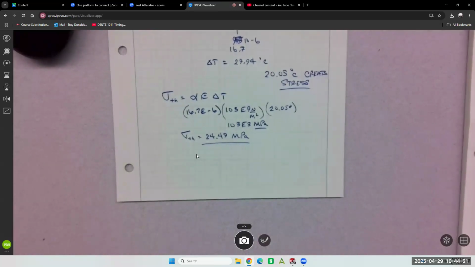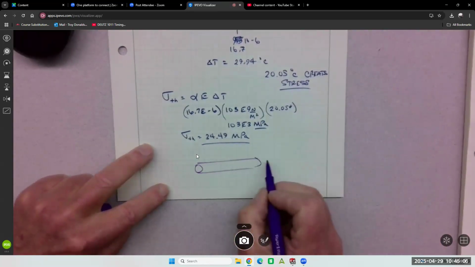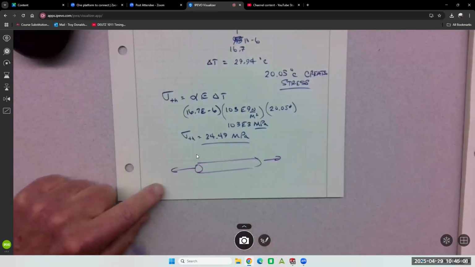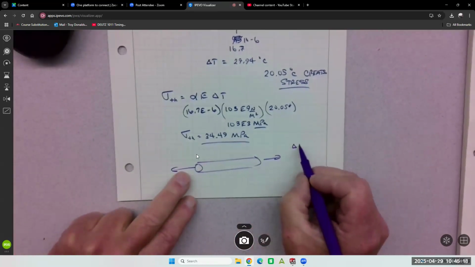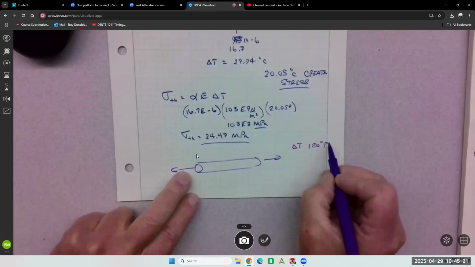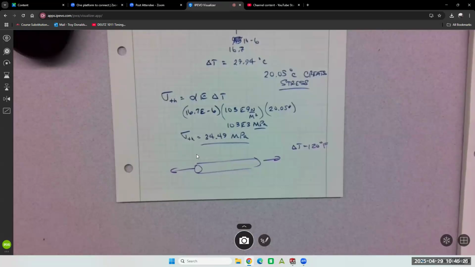So if you had thermal stresses and you had a load stress, you can calculate both of those and figure out what's going on. If something is loaded in tension, from that load you can calculate the elongation, right? If it's free to expand and the temperature goes up, like a delta T of 120 degrees F, you could also calculate how much it would expand due to the temperature. And those two would be additive.